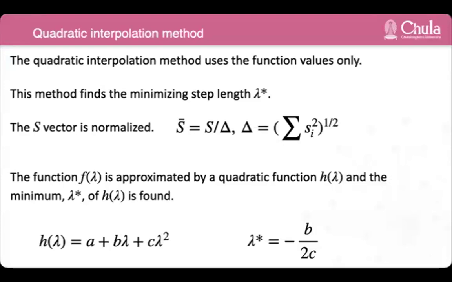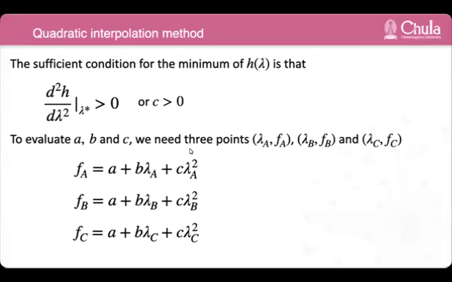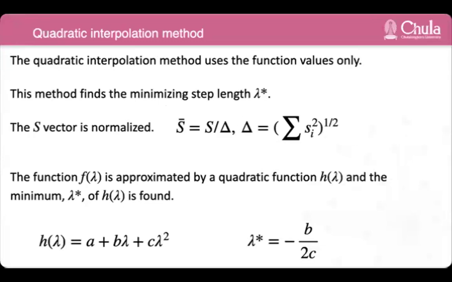Because we don't know our objective function, we assume it to be a quadratic function, and we need 3 parameters in order to define the estimated quadratic function. Because you need 3 parameters, you need 3 points.